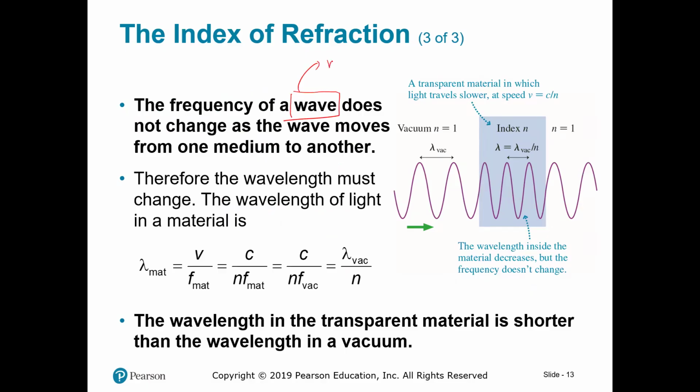For example, red light has a fixed frequency even though it passes through materials like glass or whatever. But now you see velocity is wavelength times frequency, and this velocity is changing, especially slowing down when it passes through certain materials, right?